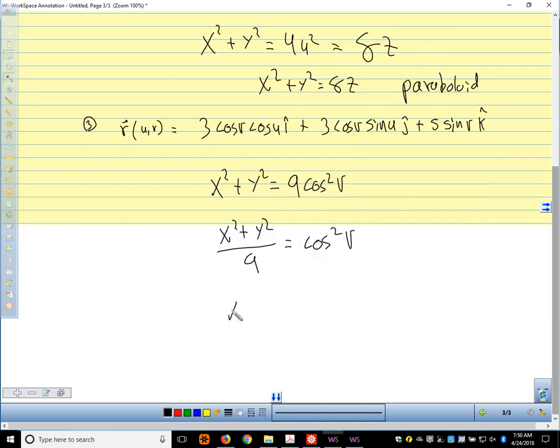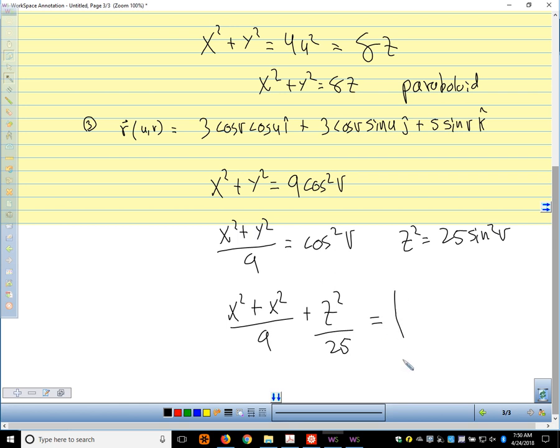So x squared plus y squared over 9 plus, what do we want to do here? Z squared over 25. So I'm going to say z squared over 25 is sine squared v equals 1. What is that?